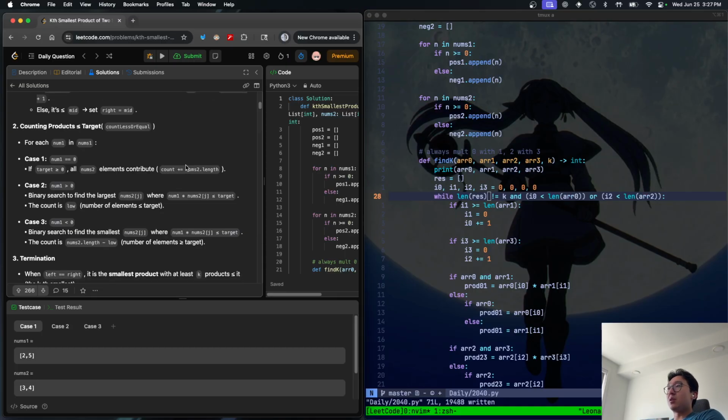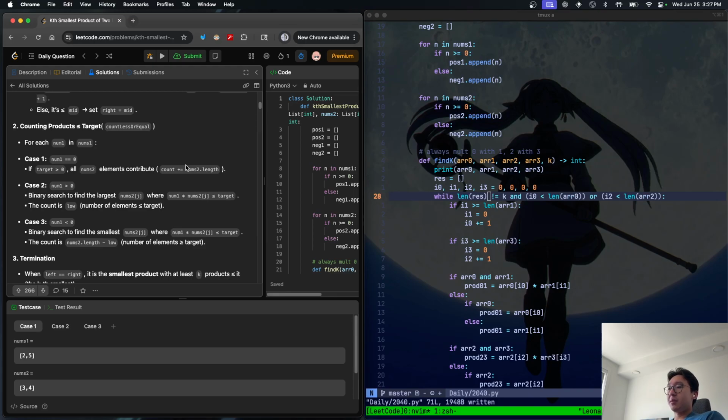Binary search to find the largest nums2 index j where num1 times nums2[j] is less than or equal to target. Binary search to find the largest. Okay, case 1, num1 is equal to 0.